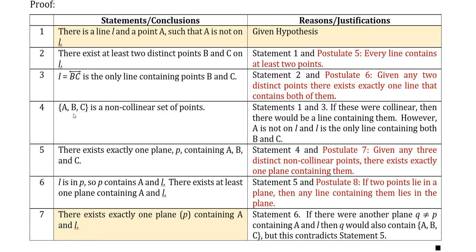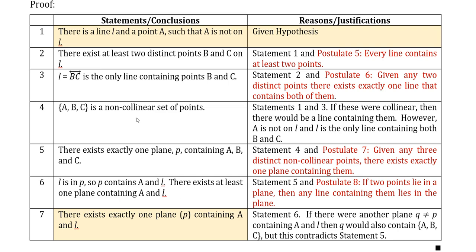Now, let's look at the points A, B, and C. That's a set of points. I claim that's a non-collinear set of points. So let's look at statements 1 and 3. If these points were collinear, then there would be a line containing the 3 of them. However, A is not on line L, and L is the only line containing both B and C. That comes from statements 1 and 3, putting them together.